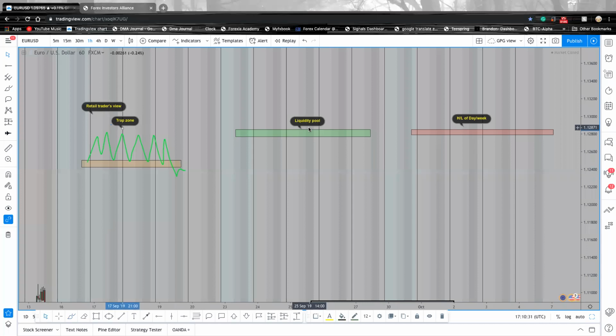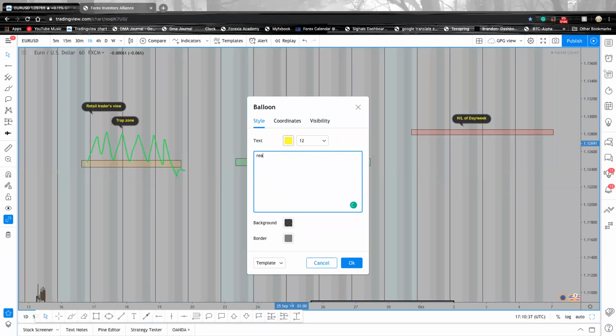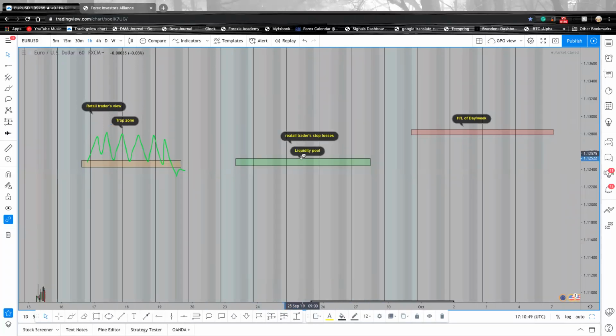Then there's the liquidity zone. The liquidity pool is basically where retail traders have their stop losses.